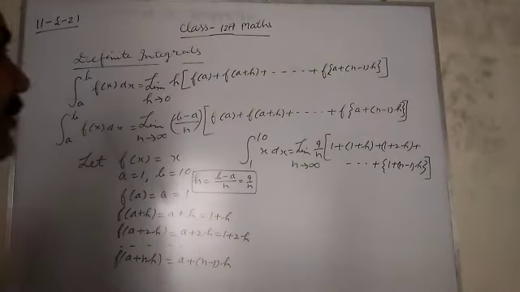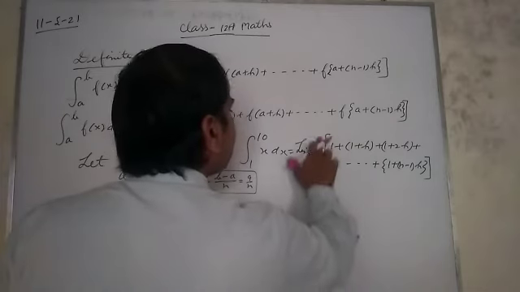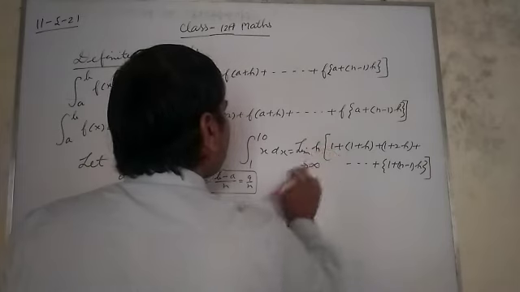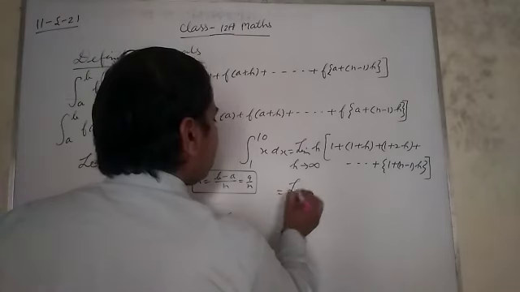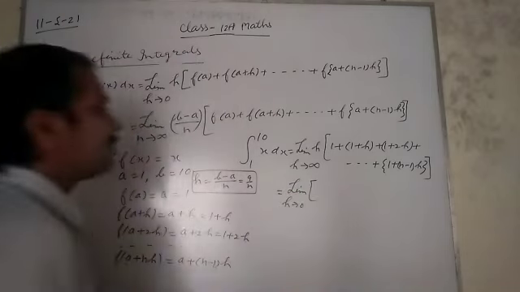After that, integrate it. Here h and here n, so this also you write h, h tends to 0, limit h tends to 0. So you see.